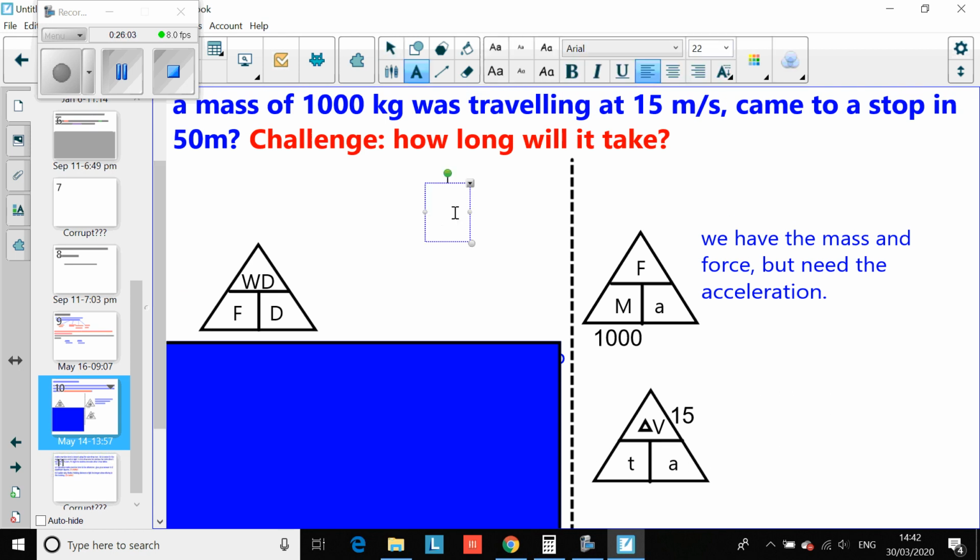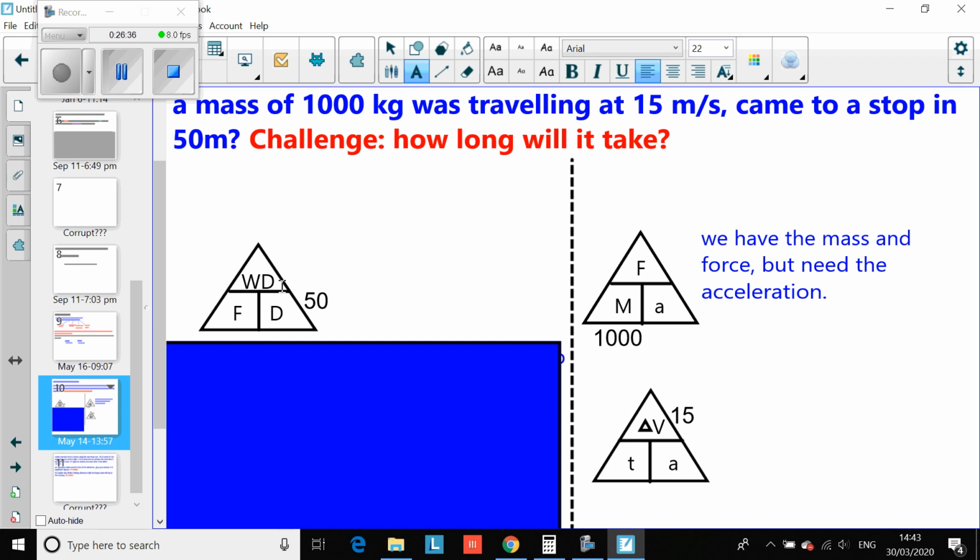Do we have the distance? Yes, we do. We travelled 50 meters. Okay, there's our 50 meters. So at the moment we're a little bit stuck because we've got one value for each of our triangles, but we need at least 2 in one of these triangles to be able to work things out. So once again, we're a little bit stuck. Now, we need to think logically that we can work this out. Work done is what?